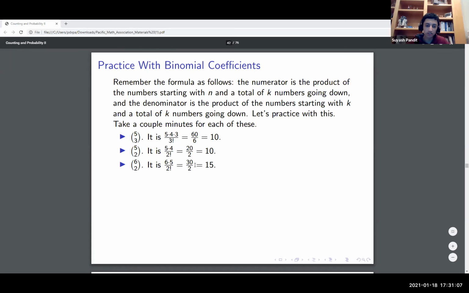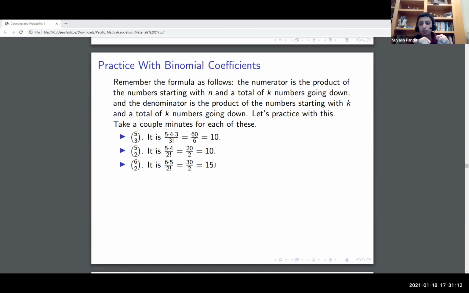Divide that by 2 factorial, that's 30 over 2, which is 15. Another way you could have done it is 6 factorial over 2 factorial times 4 factorial, because 6 minus 2 is 4. So that comes out to be 720 over 24 times 2. That's also equal to 15. It's 720 over 48, so 15.